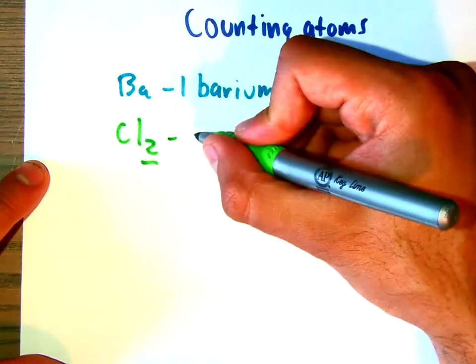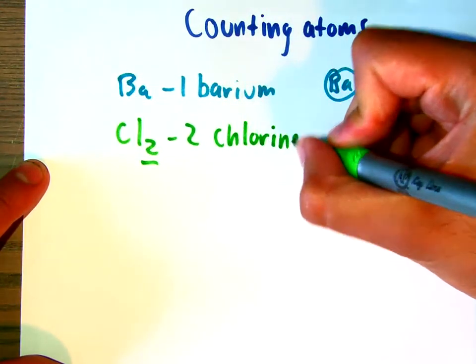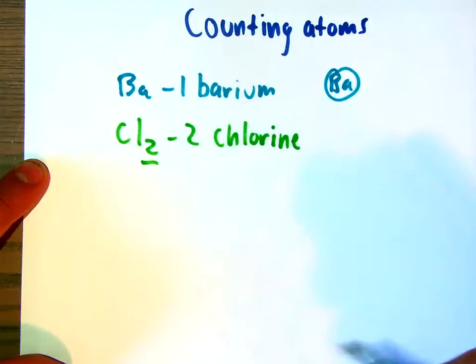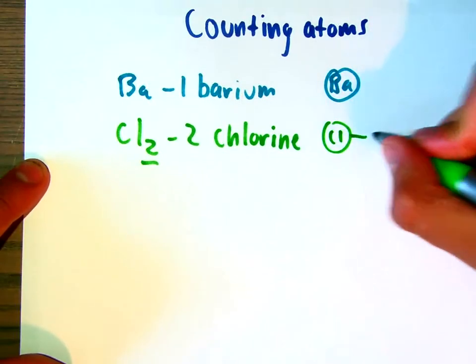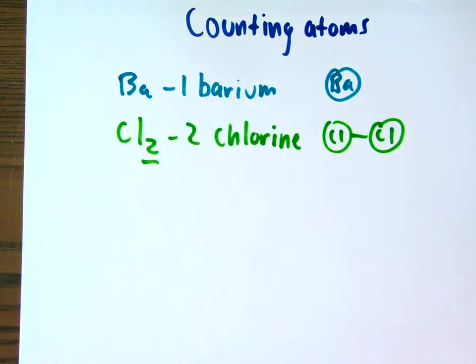That means I have two chlorine atoms. There's an invisible one in the first case. So that would look like a Cl attached to another Cl.